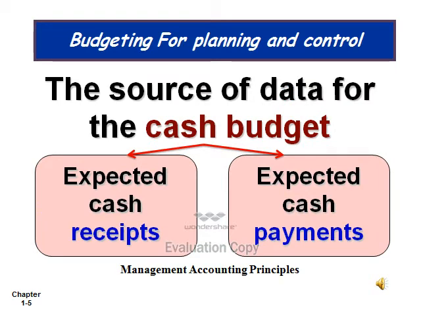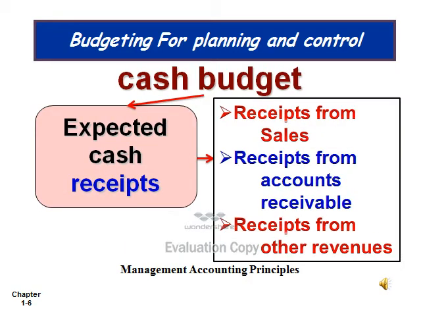Therefore, the source of data for the cash budget are expected cash receipts and expected cash payments. In more details, expected cash receipts are receipts from sales, receipts from accounts receivable, or receipts from other revenue, for example commission, interests, and so on.